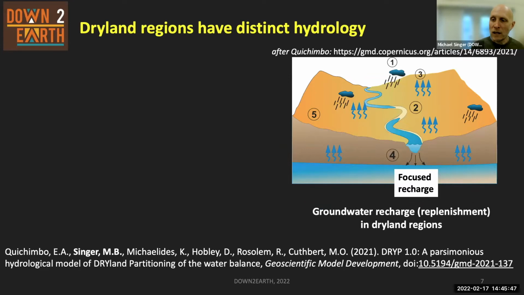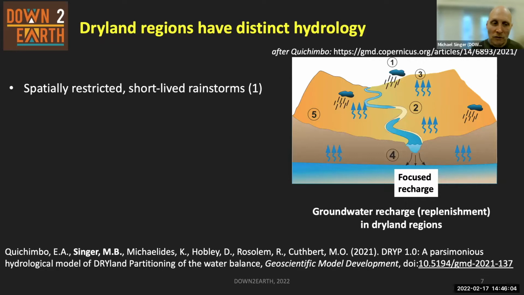So the modeling that I'll focus on today and that is featured in this site event overall is premised on the idea that dryland regions present different challenges to humid regions. They have a distinct hydrology. Next.